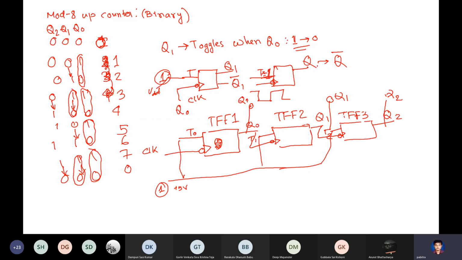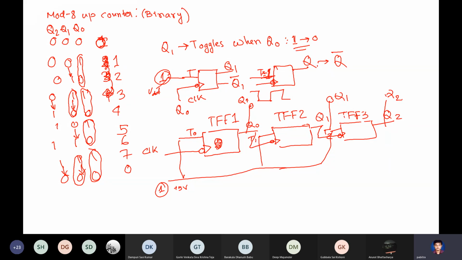Okay, so you can see it's as if there's a ripple. So first Q0 is changing, then Q1 is changing, then Q2 is changing. It's the ripple. And if you observe Q0, Q1, Q2, they will be in the same order as we mentioned, 0, 0, 0, 0, 0, 1, 0, 1, 0, and so on, because of the toggle property of the toggle flip-flop. It will toggle like that. Okay, any doubt?